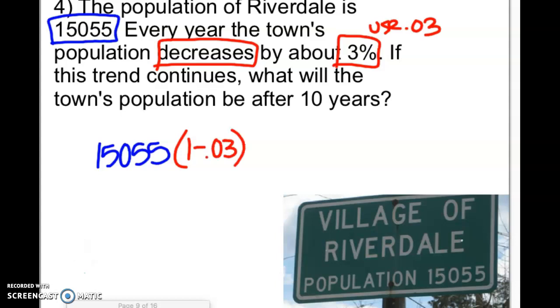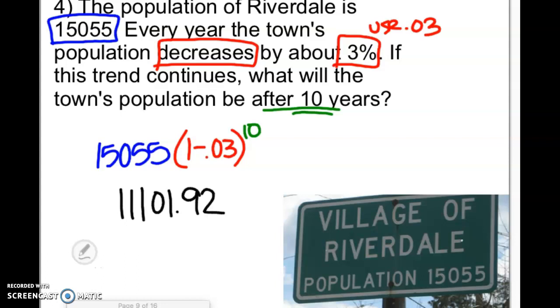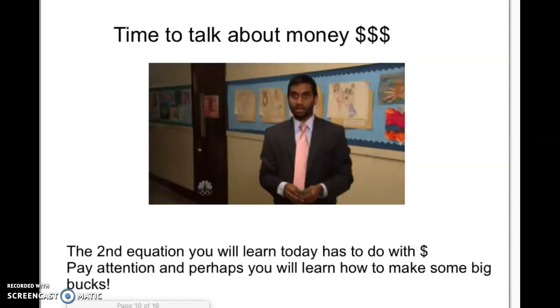And then what is our x after 10 years? See if you get the same thing.